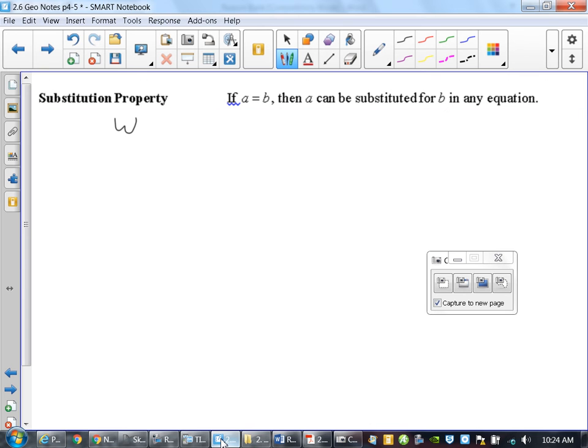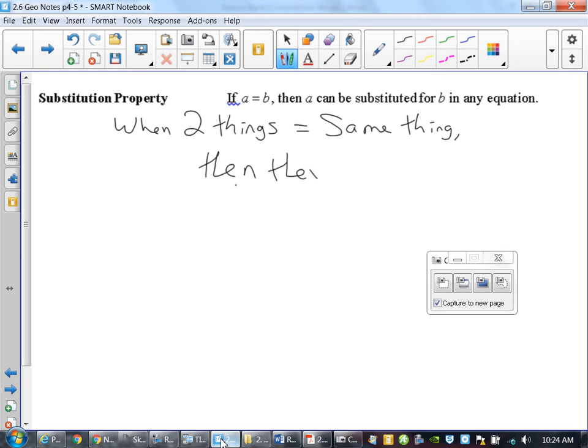Substitution is for when two things equal the same thing, then those two things are equal to each other.